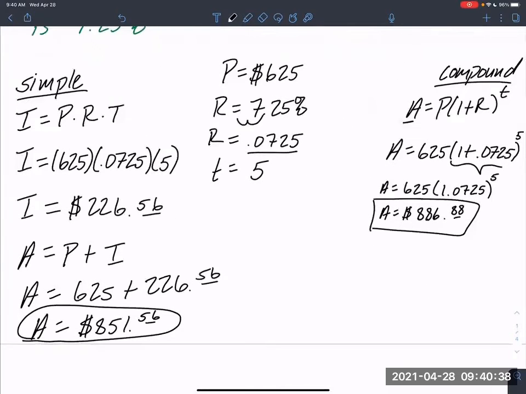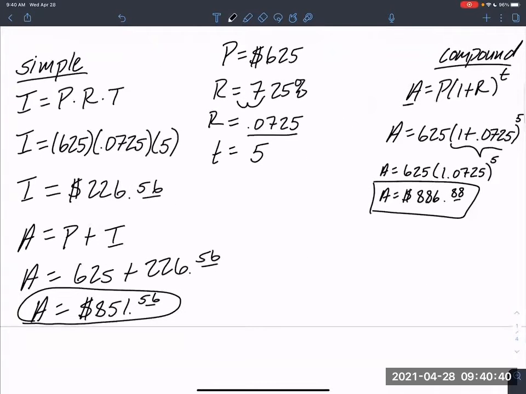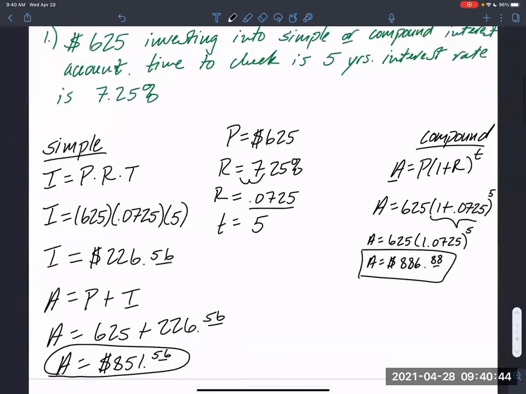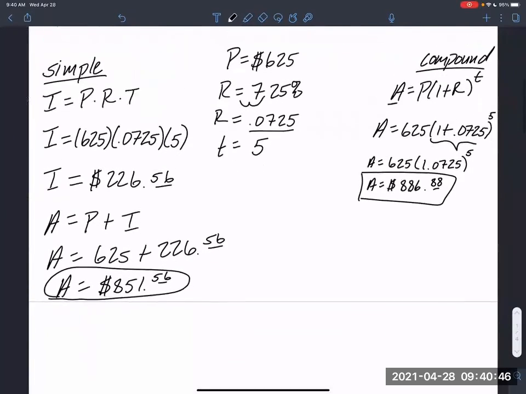So the question will come up. Well, the question was at the beginning, where I got that much money, what type of account should I invest in? Obviously, a compound interest account. And you can write that out.